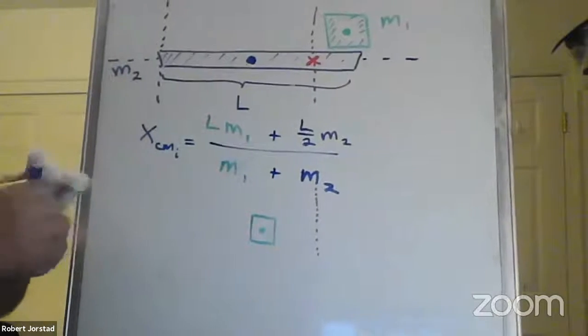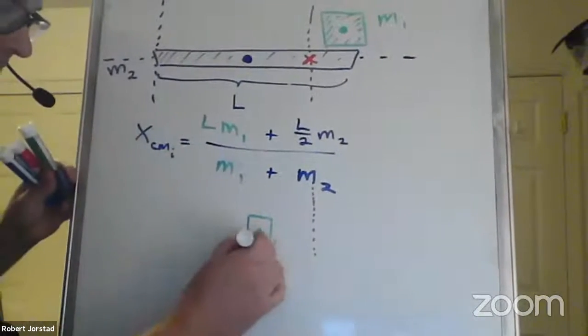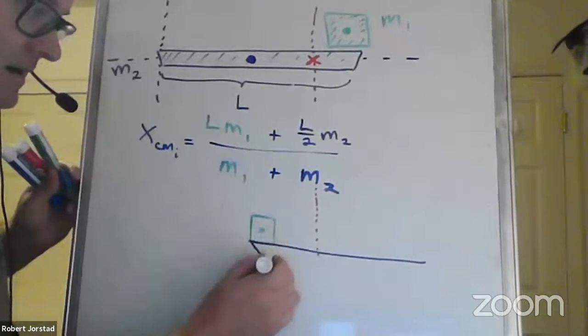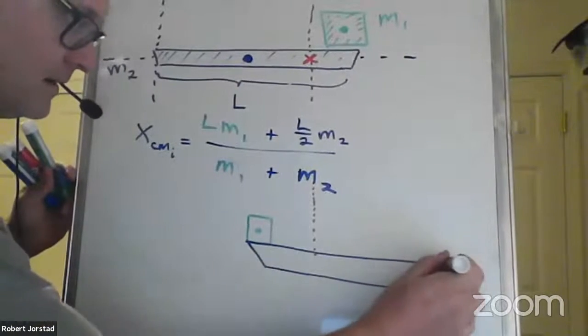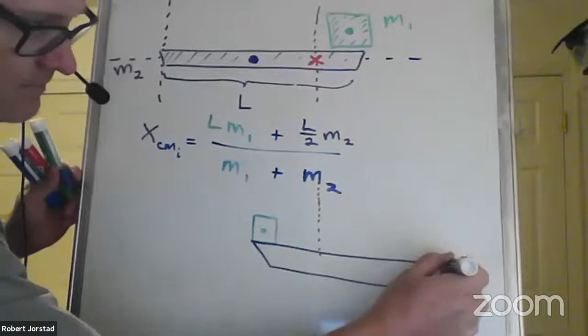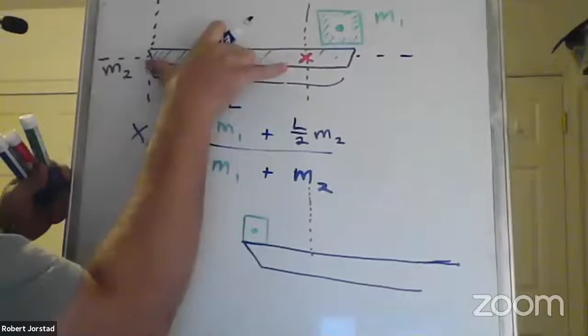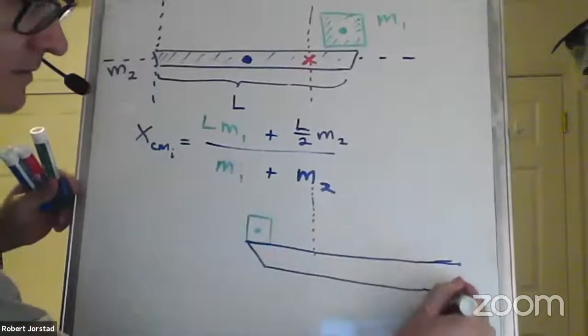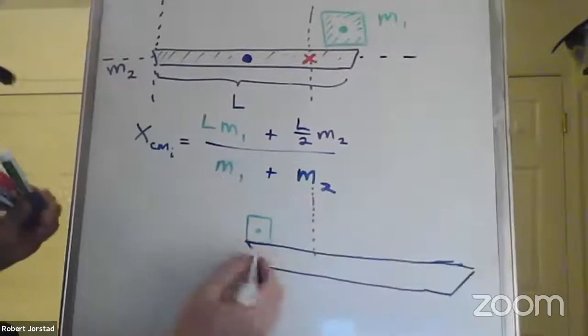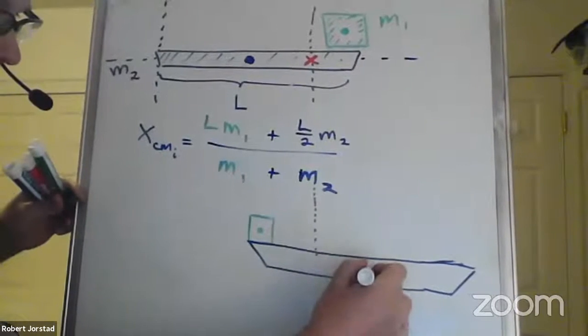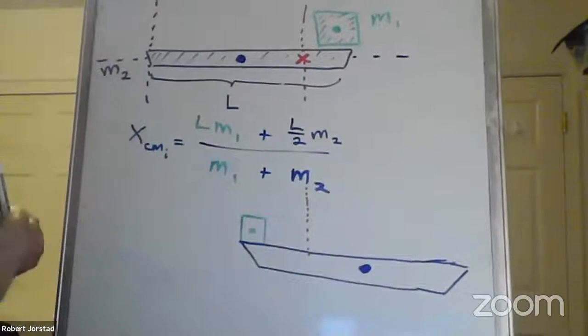I know the canoe is going to be here. Sorry, it's not perfectly to scale. The canoe's center of mass is right here.